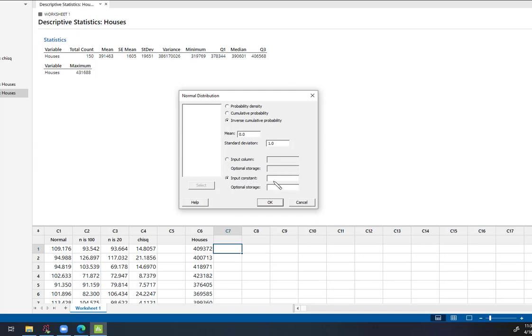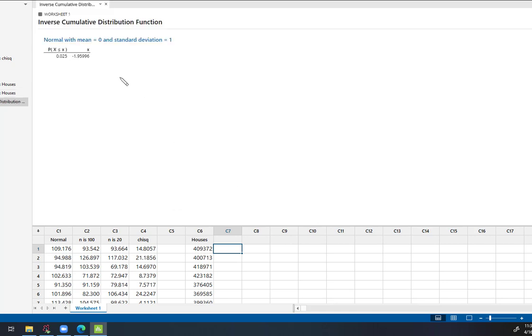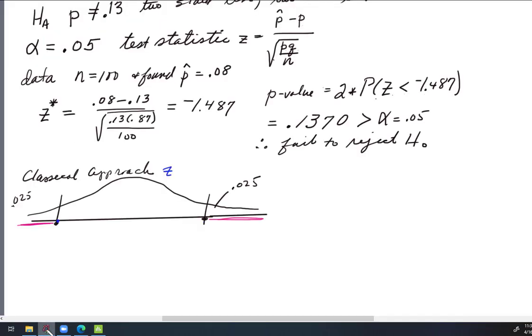And my input constant, since I'm doing inverse, would be the area to the left, which would be 0.025. So we'll say OK. And Minitab tells me that that critical value is 1.96. In fact, it says negative, doesn't it? 1.96. All right, what is that telling us?